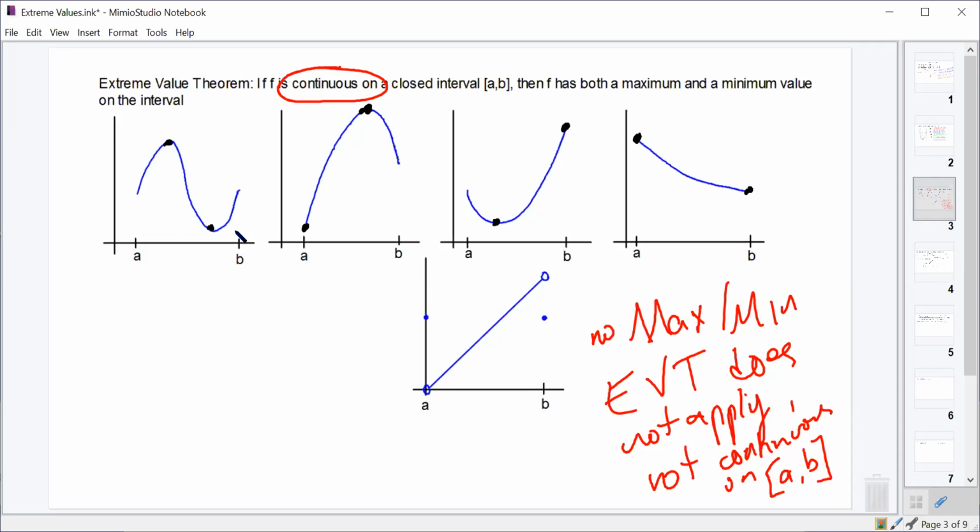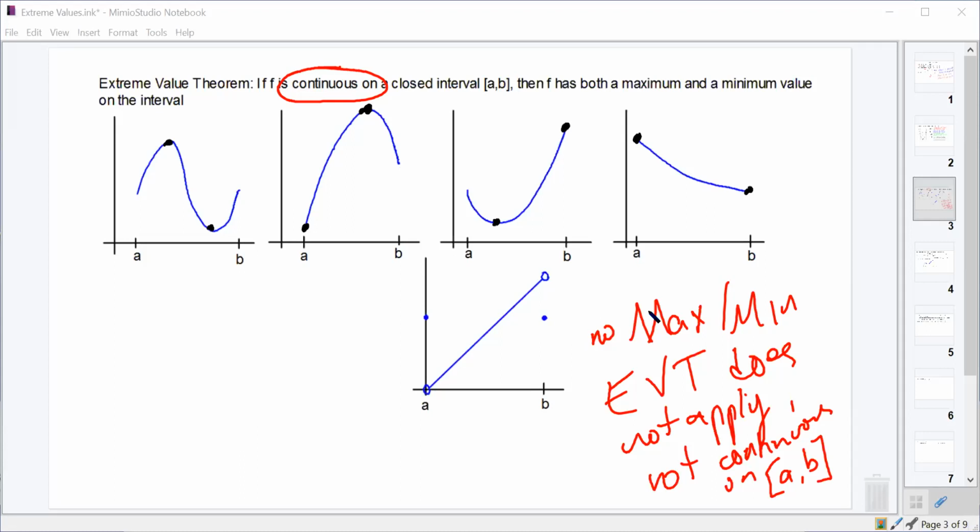Yeah, but I have a question about the graph at the bottom. If those points that were like jumps, if they were actually greater than the graph or less than the graph, could they be described as the maximum and the minimum? Like if the point on the right was above the open circle?